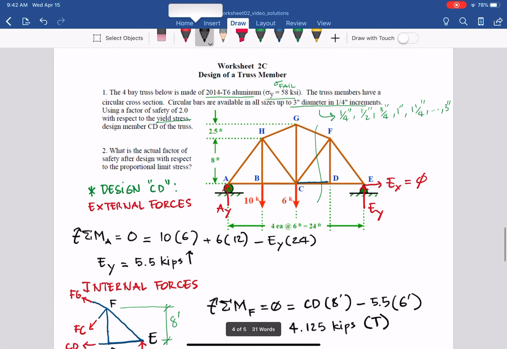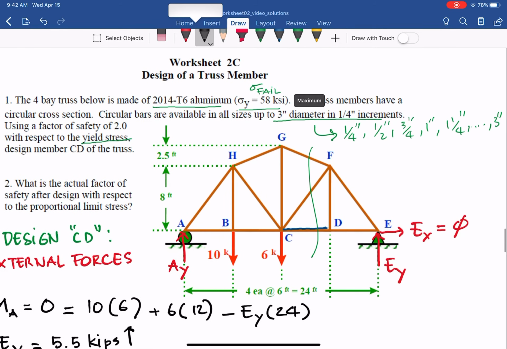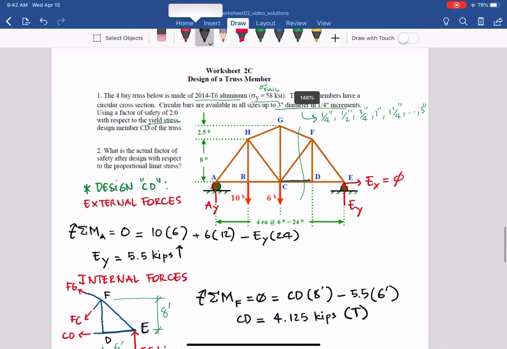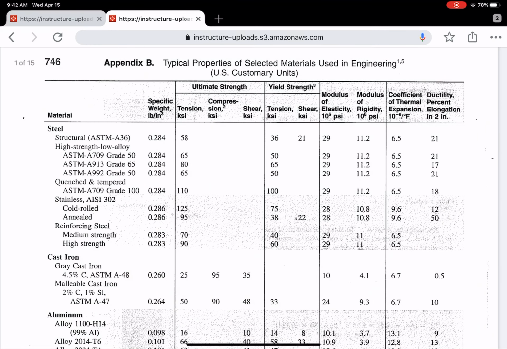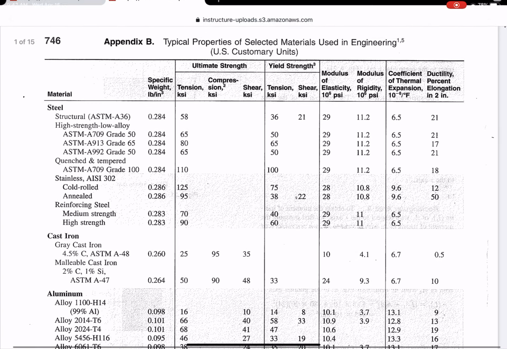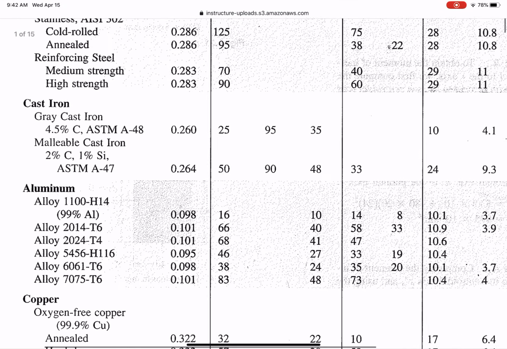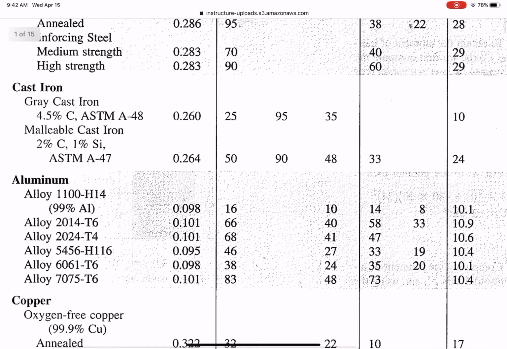This sigma fail is 58 KSI. Do you know where that comes from? Go back to the appendix. Which appendix? Appendix B. And in this case, again, it's US customary units. You go to aluminum 2014 T6.